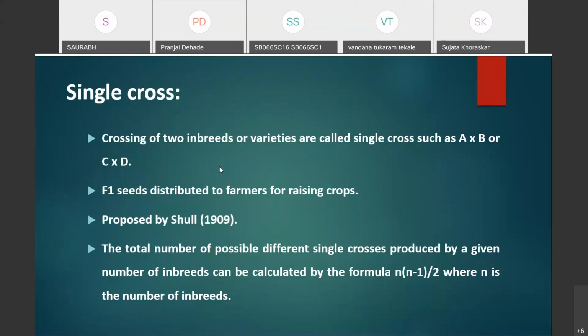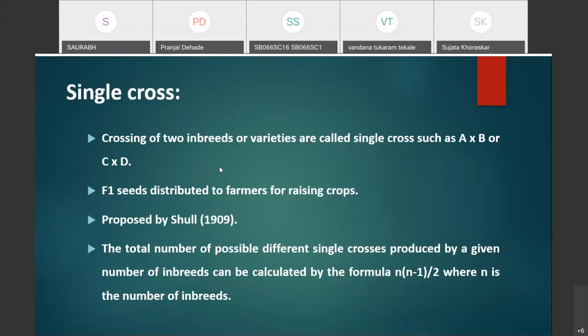For example, suppose these are different varieties, A and B; a single cross such as A and B, and C and D. In this type of cross, you can see there is an involvement of only two inbreds.